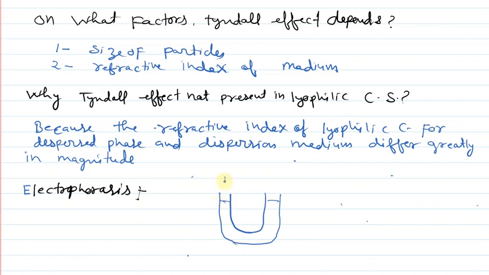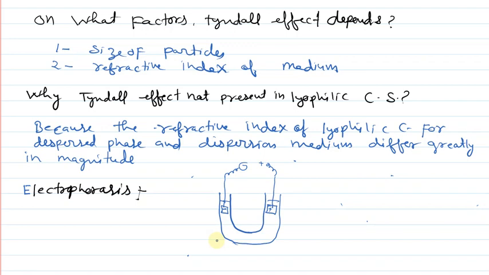In one of its arms, negative plate cathode is connected, and in the other arm positive plate anode is connected. Then what happens?